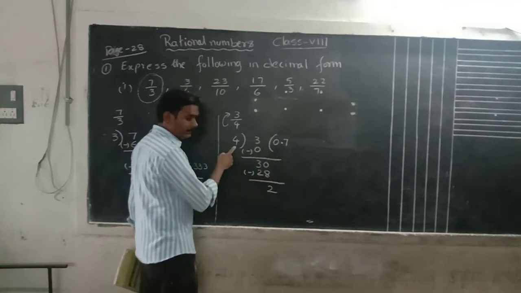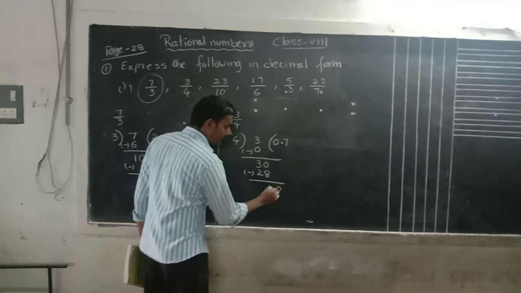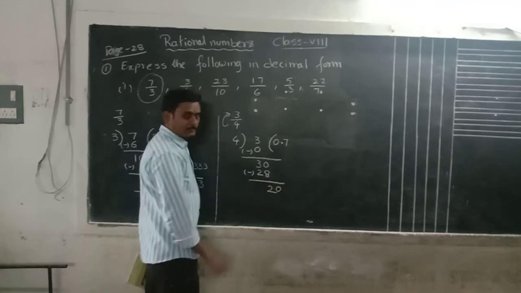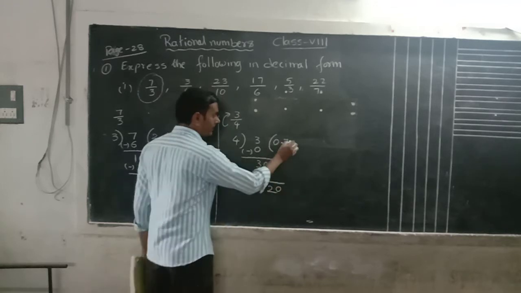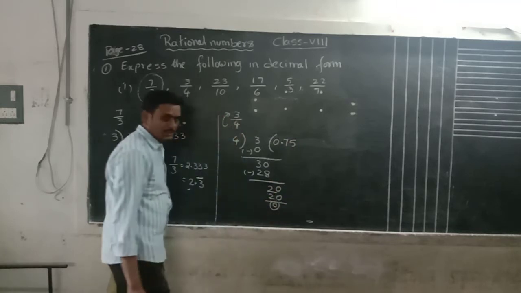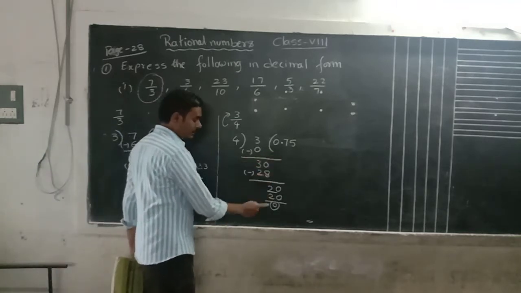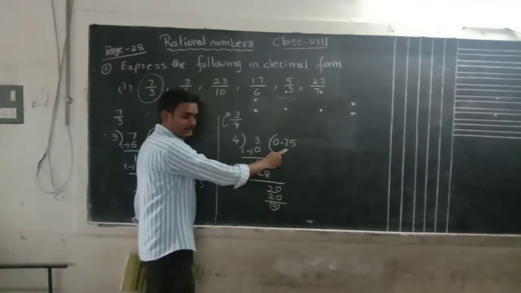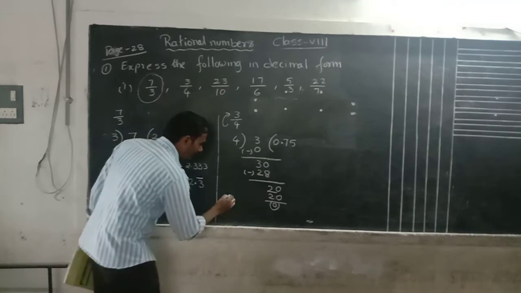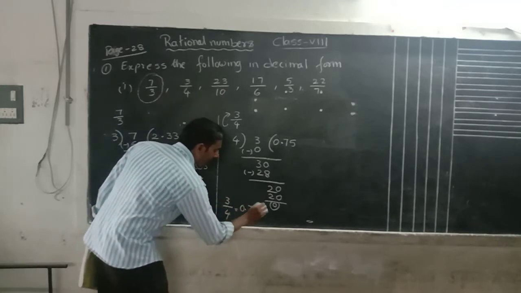Now 2 will not divide, so after the point we take 10. For the nearest or equal number, 4 5 is 20. The remainder is 0. This is the quotient, this is the remainder. That means we can write 3 by 4 equals 0.75.